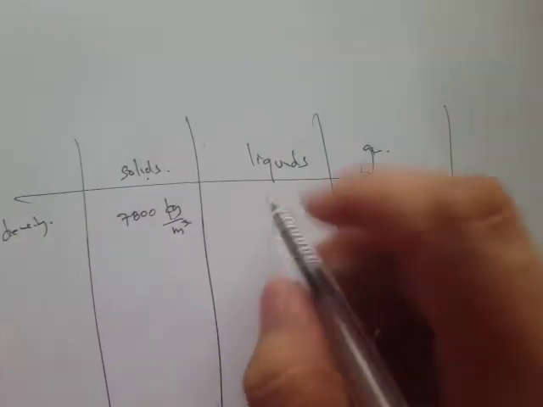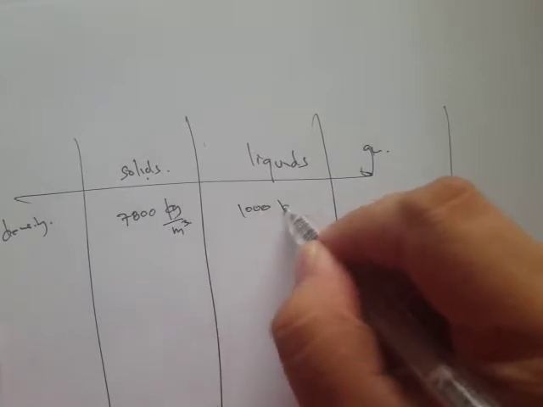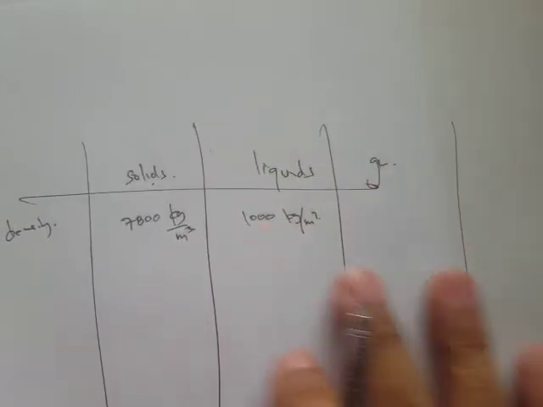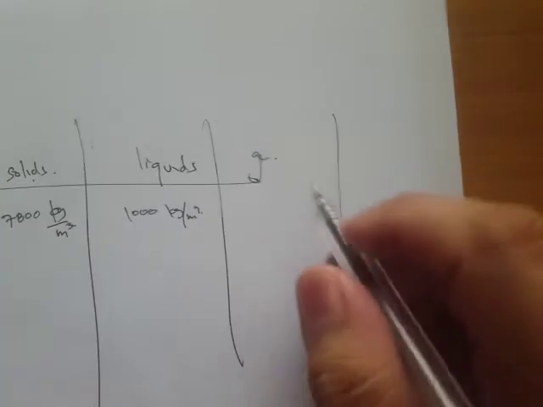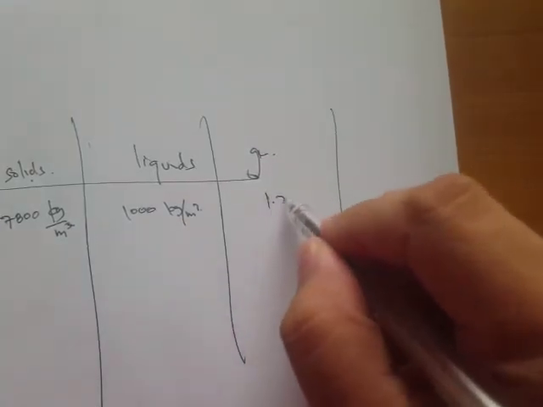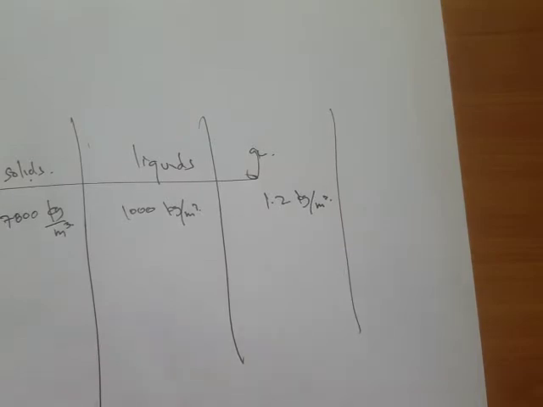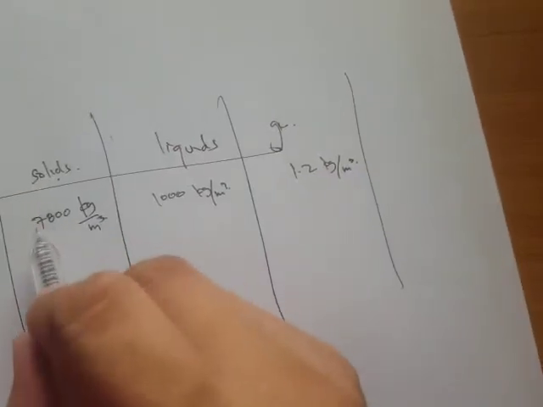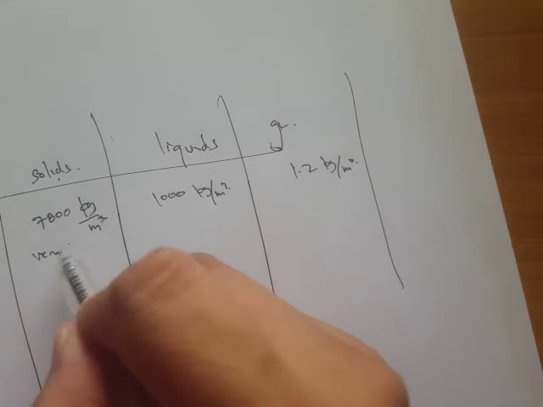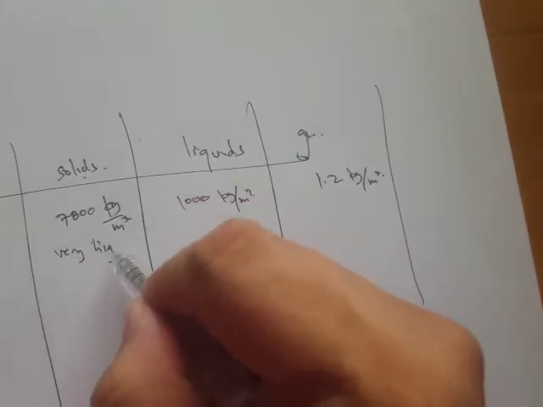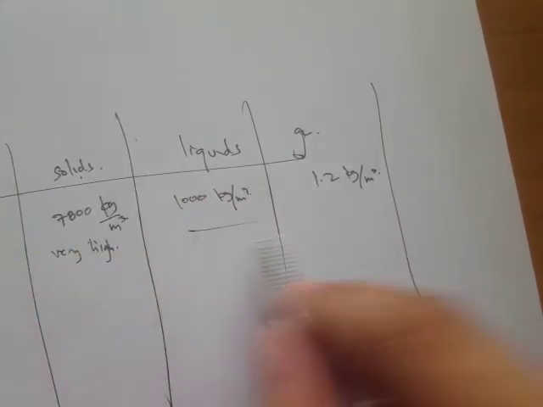And then water is around 1000 kilogram per meter cube. And for the gas, that's just 1.2 kilogram per meter cube. So meaning the density of solids is very high as compared to the fluids.